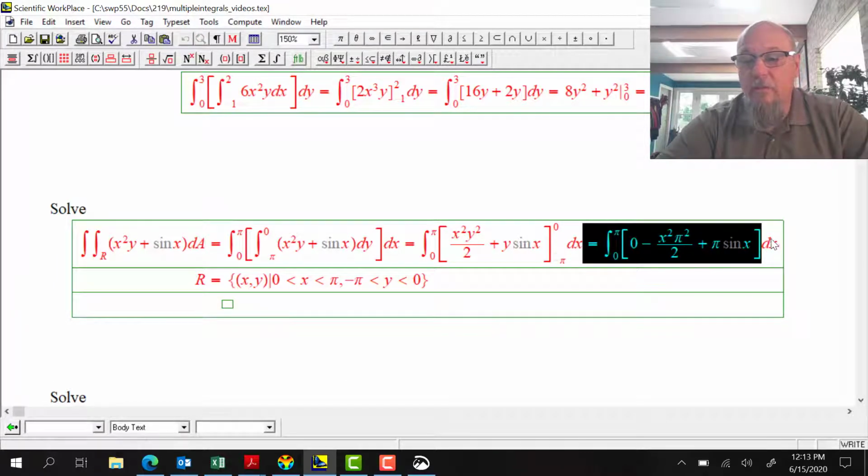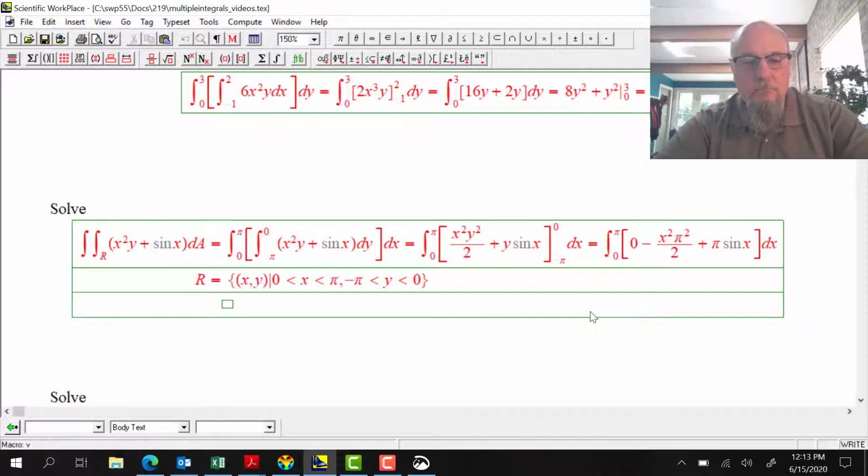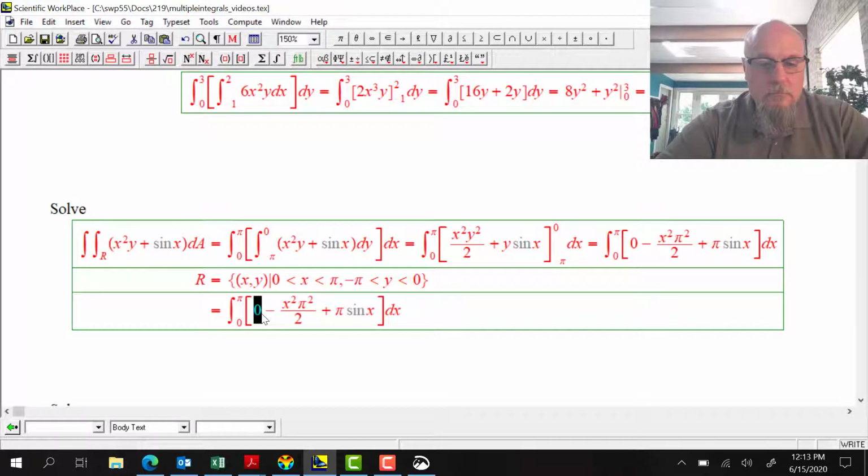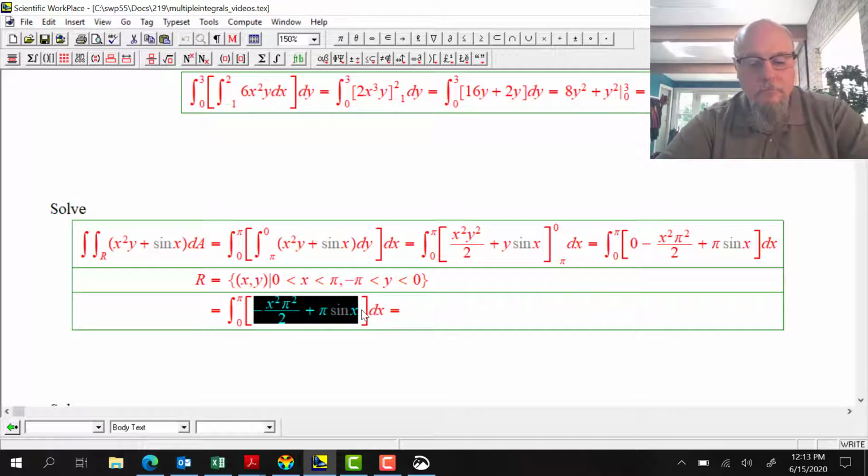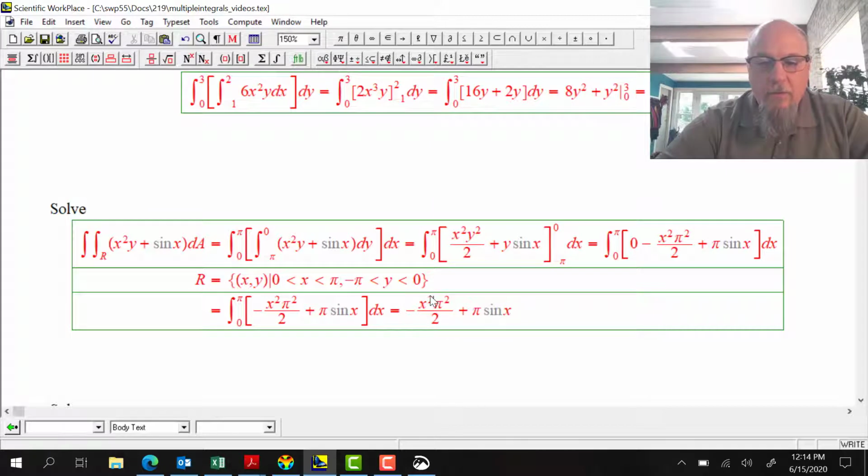Now all that's left to do is integrate with respect to x. So add 1 to the exponent, divide by what's up top, that 2 becomes a 6.